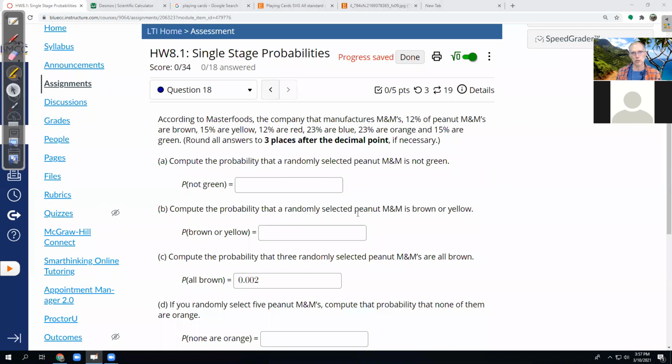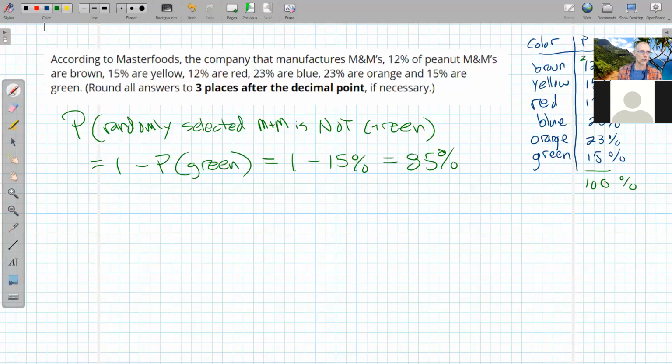Compute the probability that a randomly selected peanut M&M is brown or yellow. So again, we have a single randomly selected M&M, probability of brown or yellow. And whenever we have an or, we have to wonder, what if it's brown and yellow?